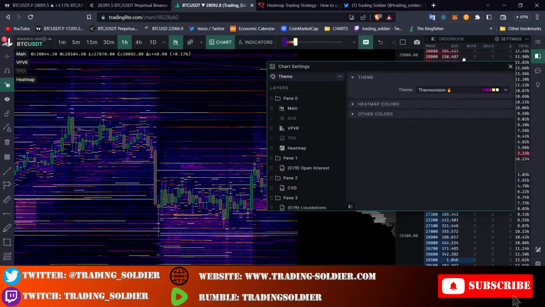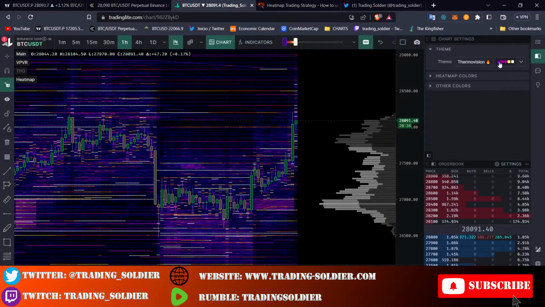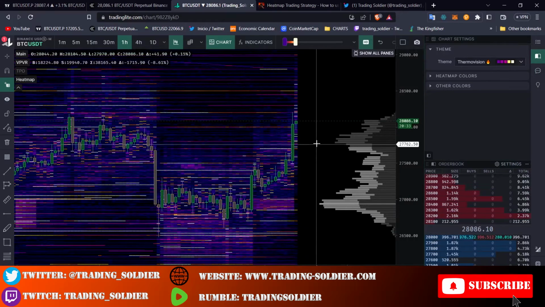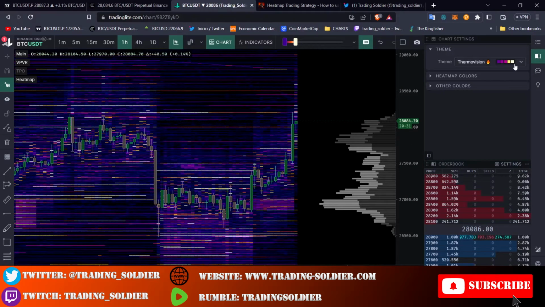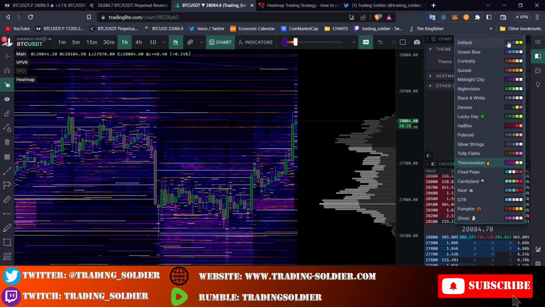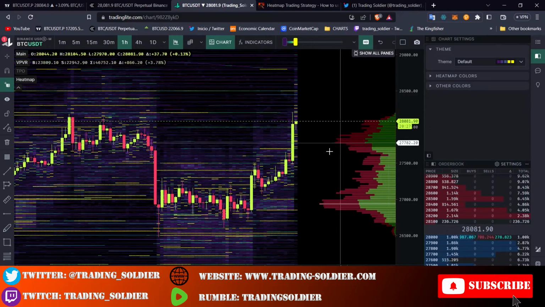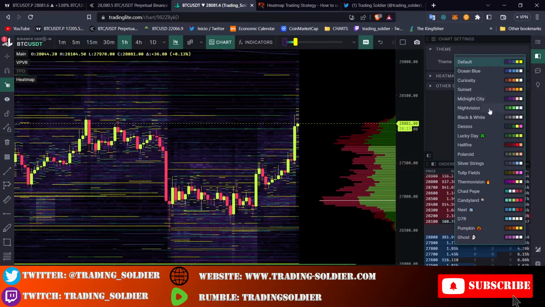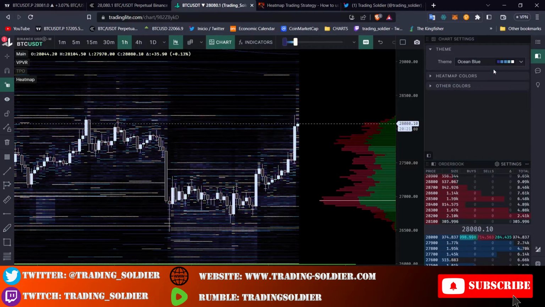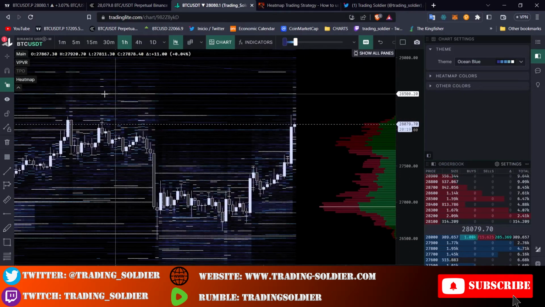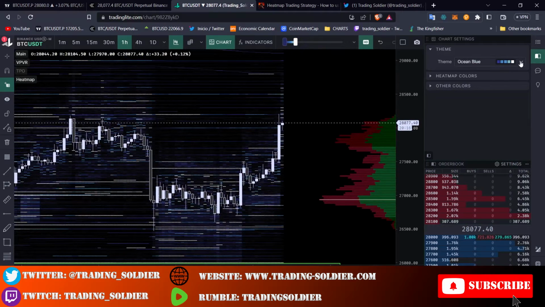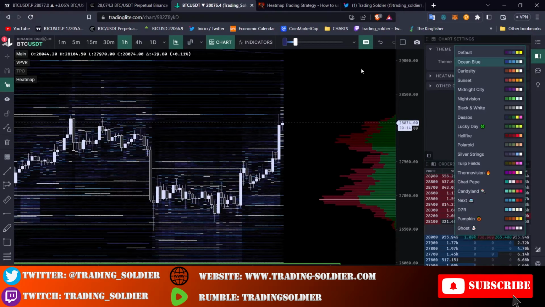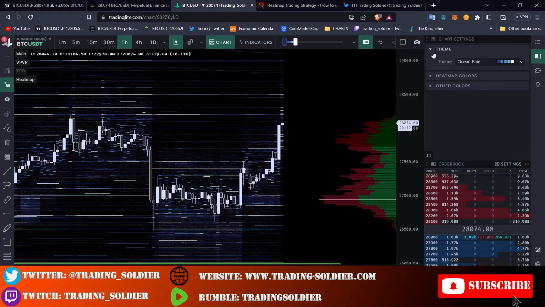For example, I go with the thermovision theme that you see here, but you can change to the default, which is the one many people use. You can also change to ocean blue, which I also use because it's very light. So we will change to ocean blue for this tutorial.